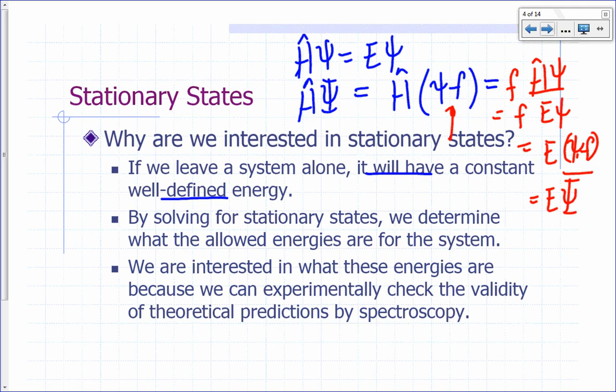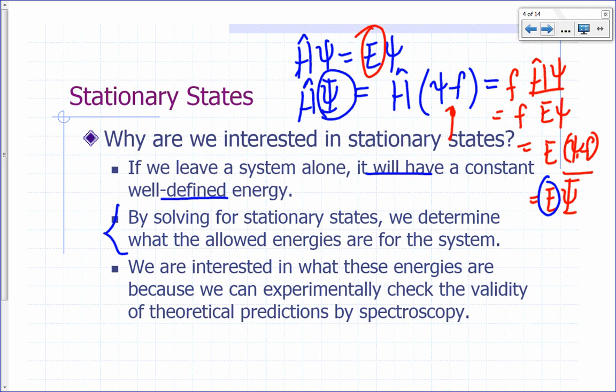So a stationary state wave function, the overall wave function that depends on coordinates and time, is itself an eigenfunction of the Hamiltonian operator. If big psi is an eigenfunction of the Hamiltonian operator, then that describes a state that has a well-defined energy, and the energy is E. So by solving for stationary states, we can determine what the allowed energies are for the system.